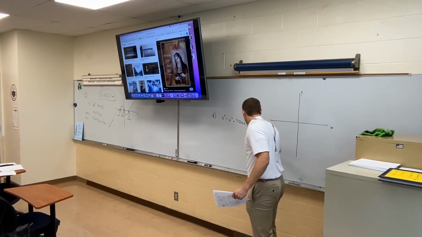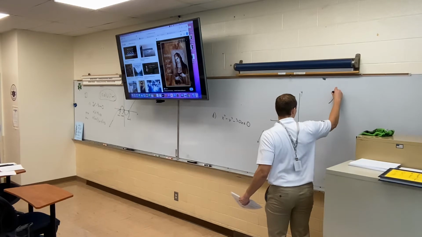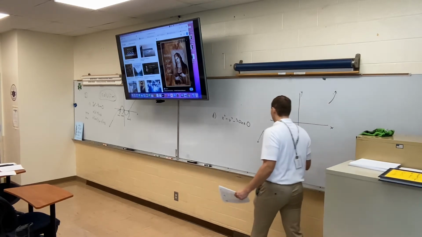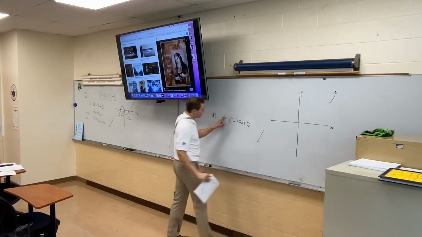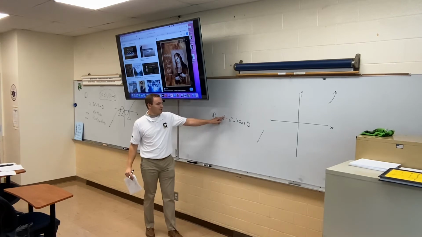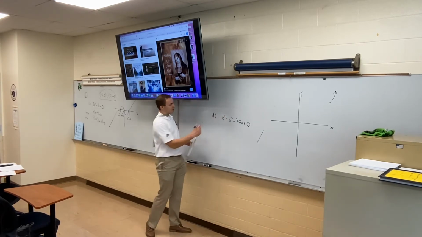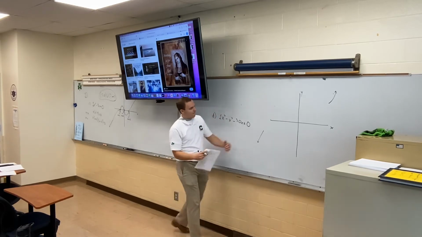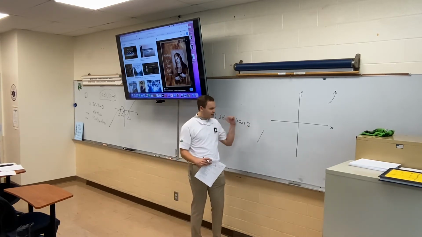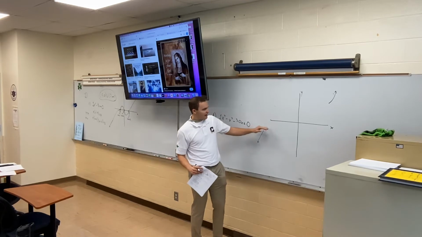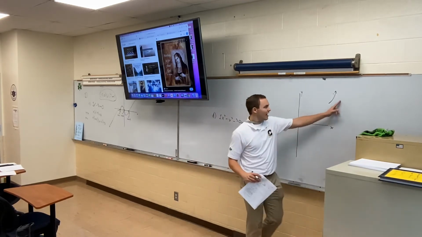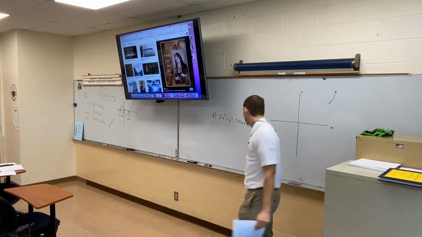Nice. And the other side, yep, it's going up. Good job. Right, I have an odd degree polynomial. My highest exponent is 3. And then my coefficient here is positive. So I'm going to start at -infinity as x goes to -infinity. And then as x goes to positive infinity, I'm going to end at positive infinity.